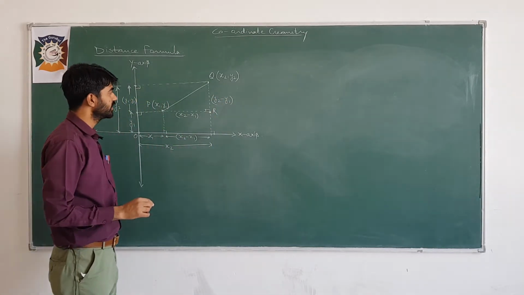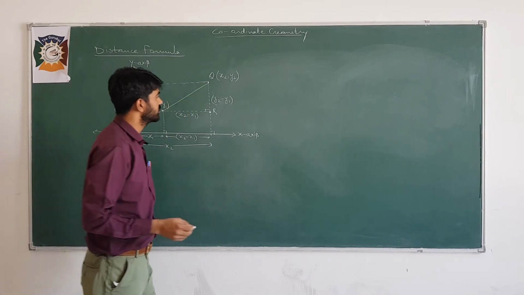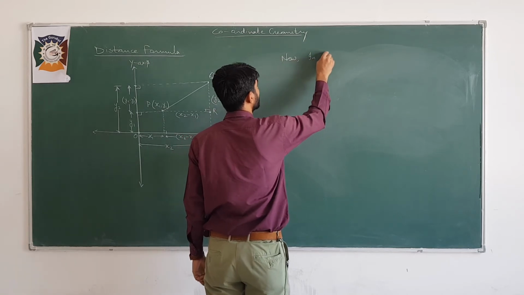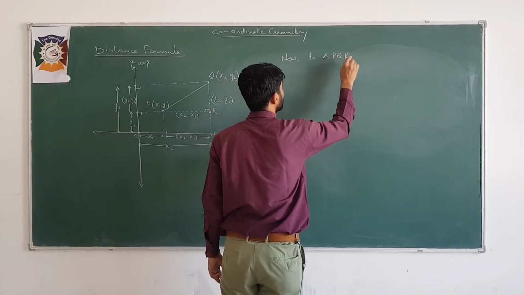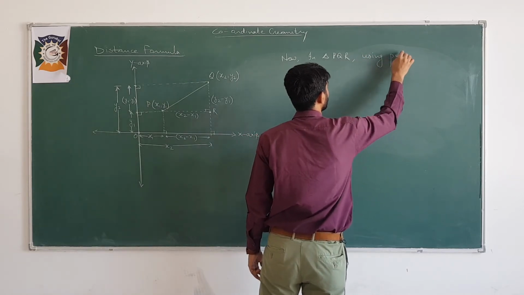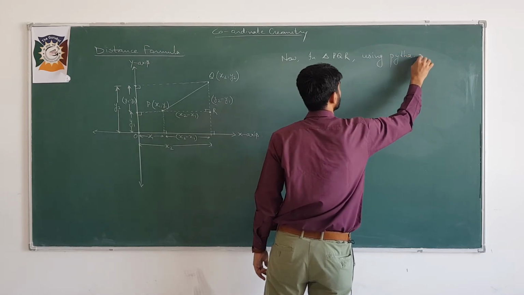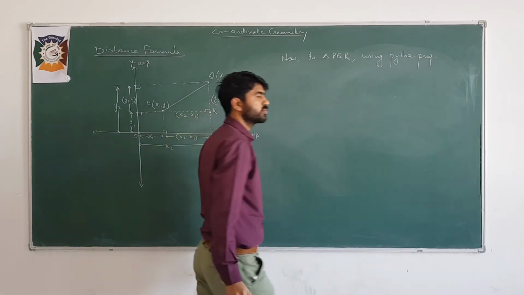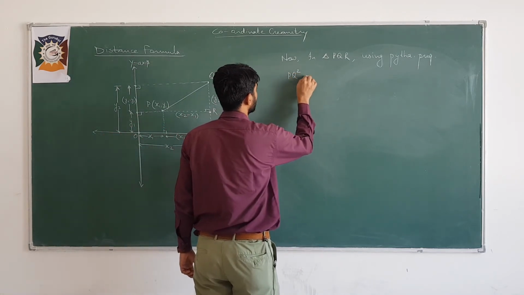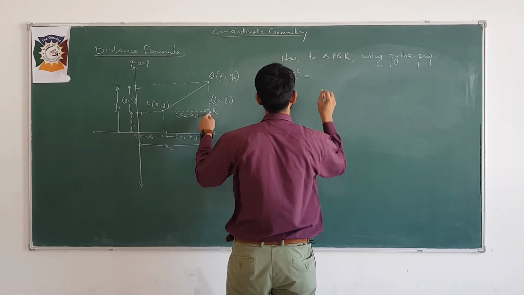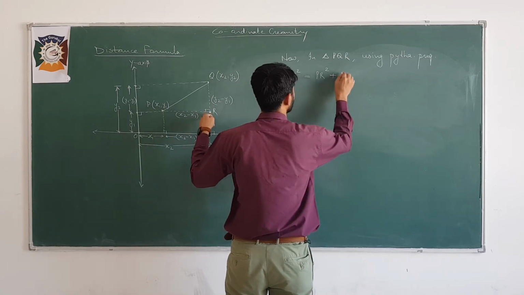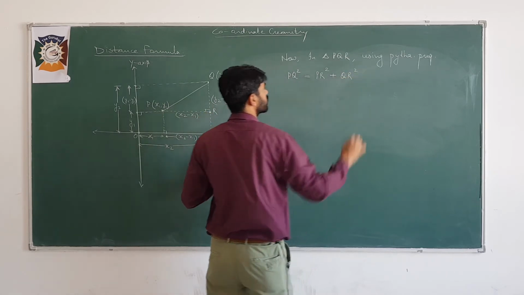Now in triangle PQR, using Pythagoras property, if we use Pythagoras property, what will happen? PQ square is equal to PR square plus QR square.